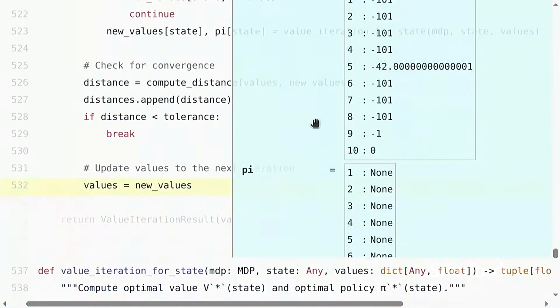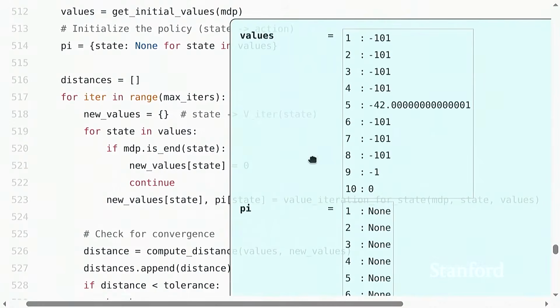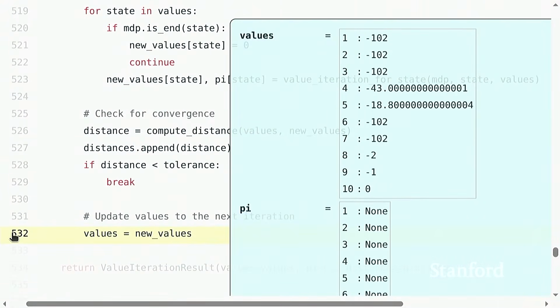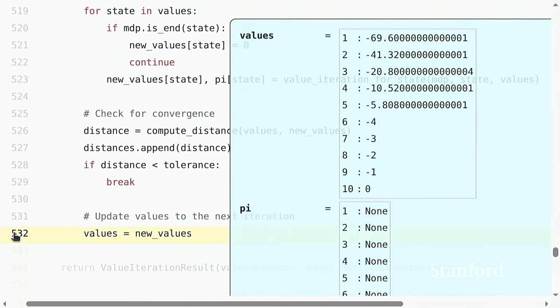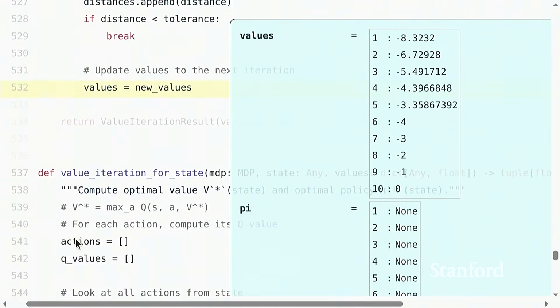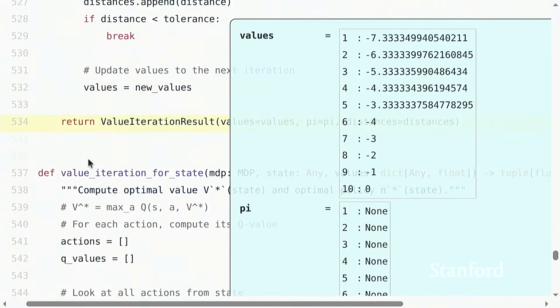And you can see that the values, let me track the values that are computed. So this is for the flaky tram problem. Now I'm computing the optimal policy. And over time, you'll see that the optimal policy will converge to this.